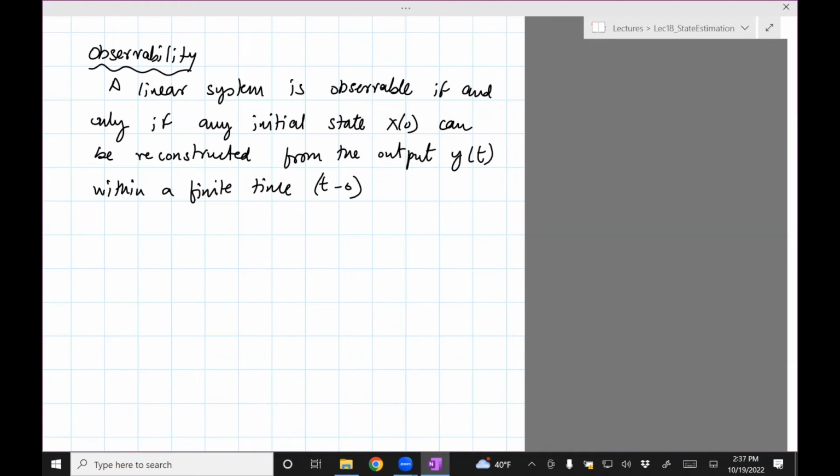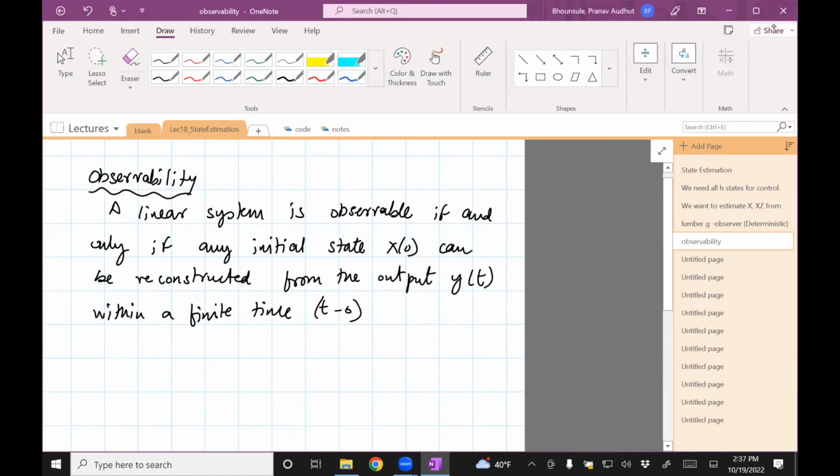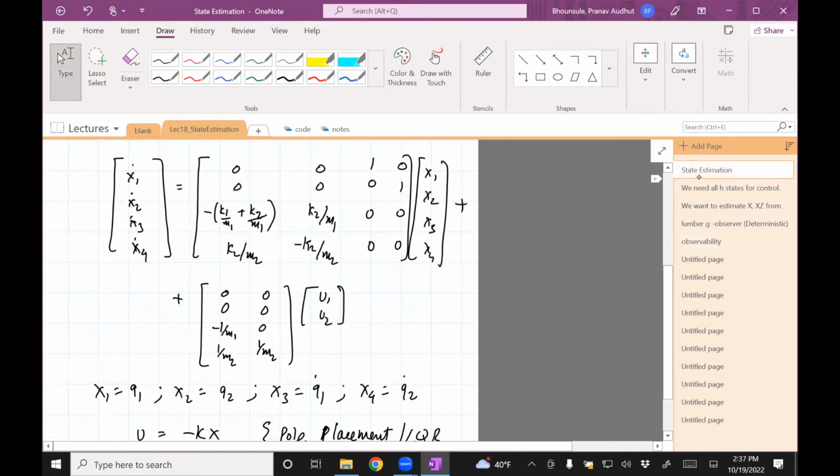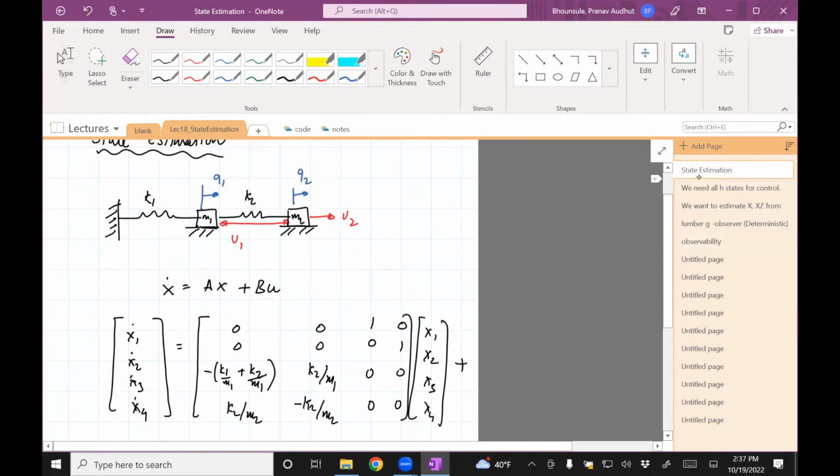But in an extreme situation where the spring constant becomes less and less stiff, you can imagine that, let's say you know Q2 and Q2 dot, and the only way of estimating Q1 is through K2.